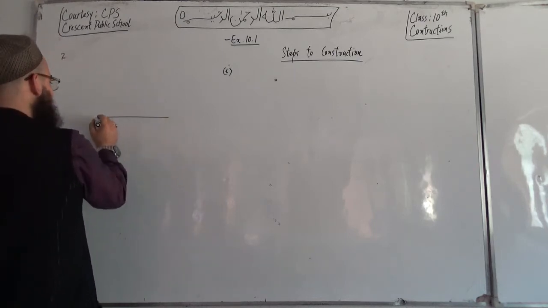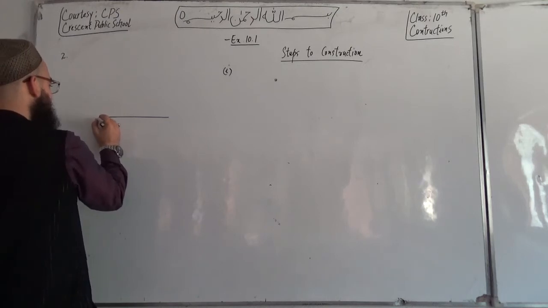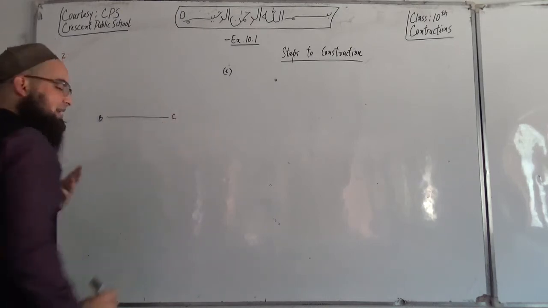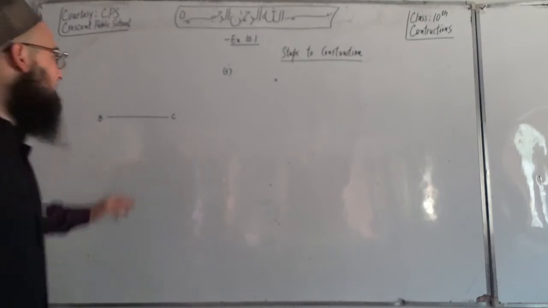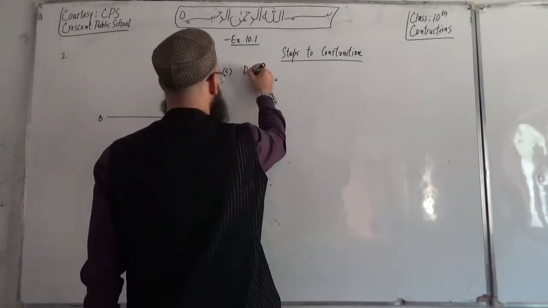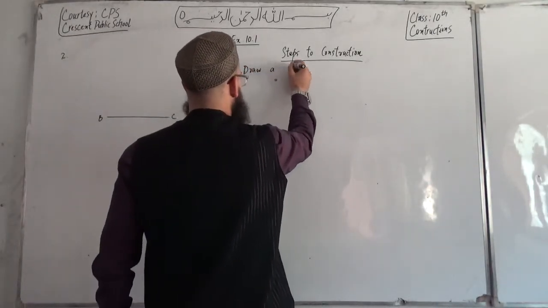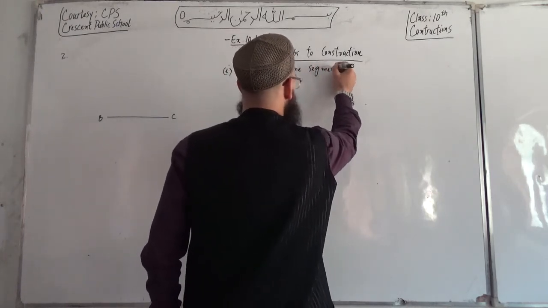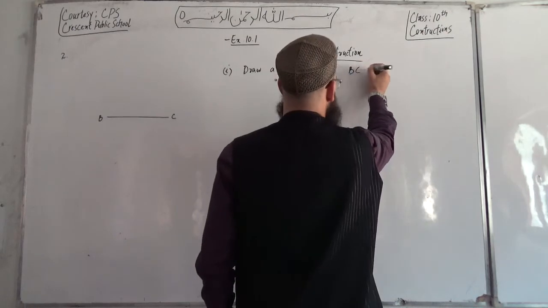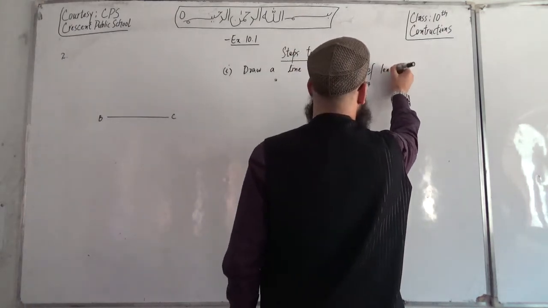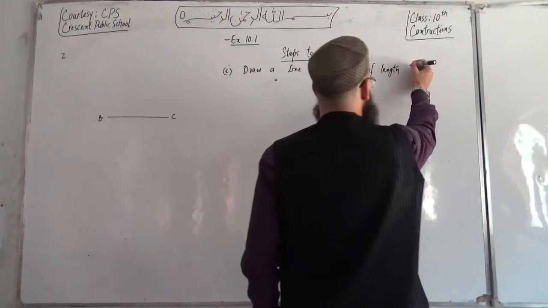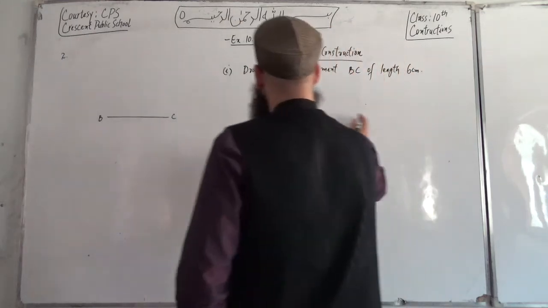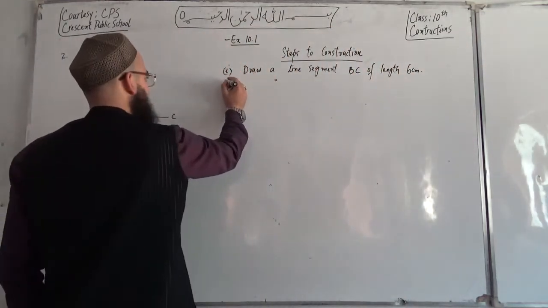Let me name this BC, because let us say ABC is a triangle. Draw a line segment BC of length 6 centimeter.